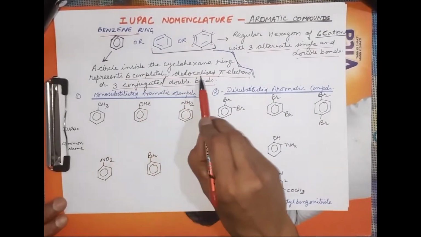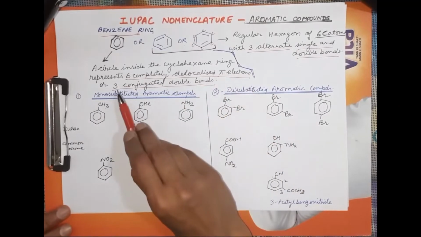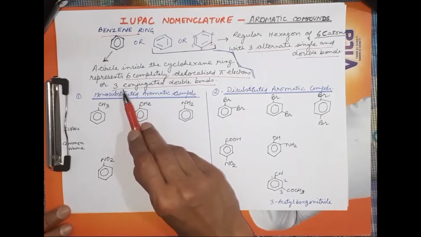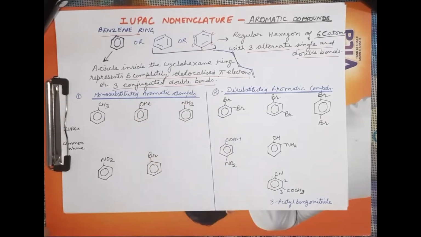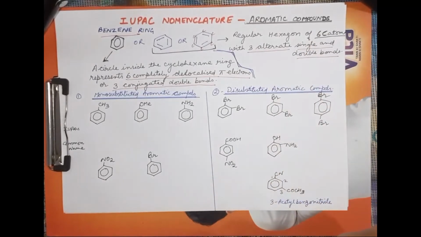So this is about benzene. Aromatic compounds are compounds which have the benzene ring.